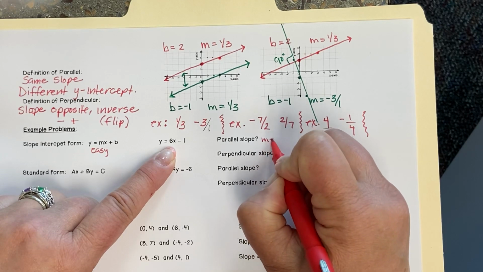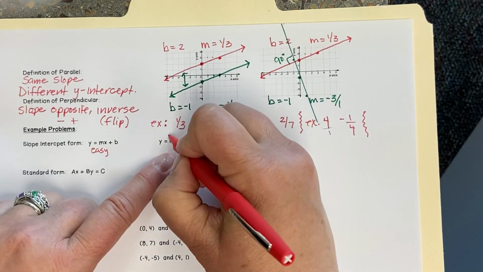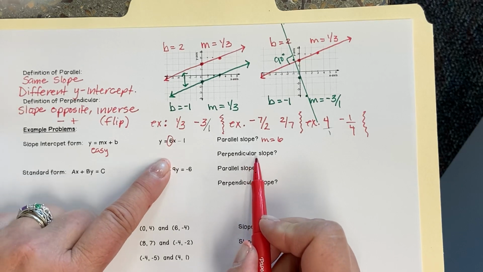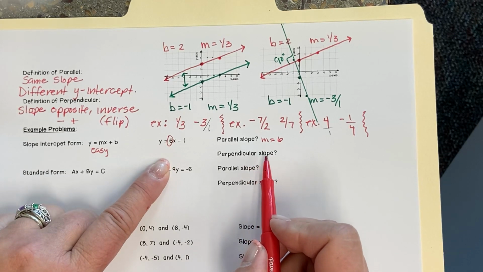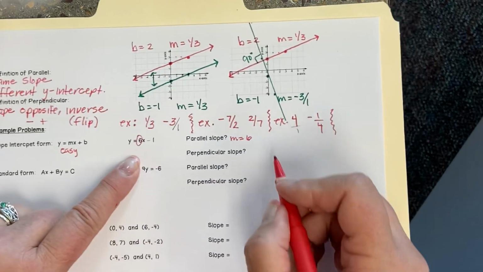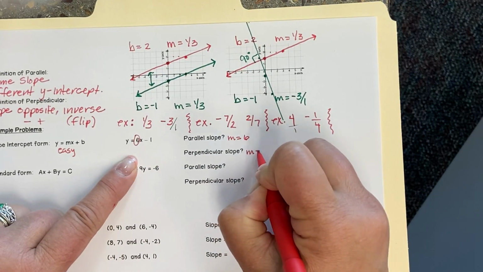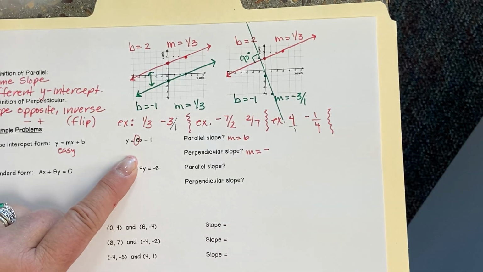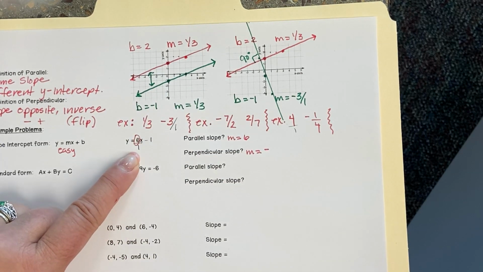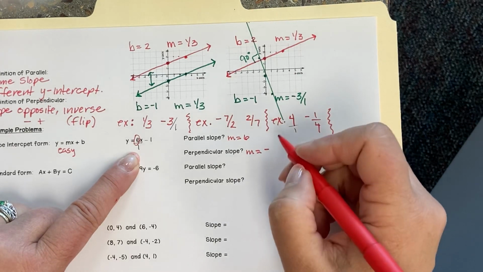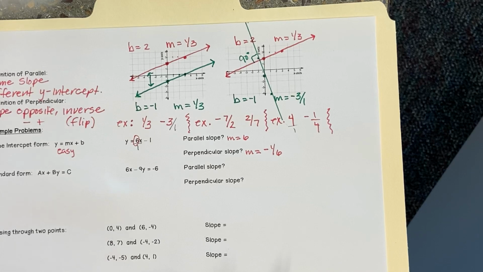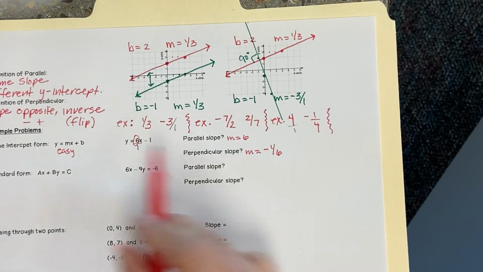So slope would have to equal 6, because there's your slope. But a perpendicular slope has to be the opposite inverse. So this is positive, so it's going to have to be a negative. Remember, this is really 6 over 1, even though they don't write it with the over 1. So when you flip it, it's 1 over 6. Okay, you'll have several like that.